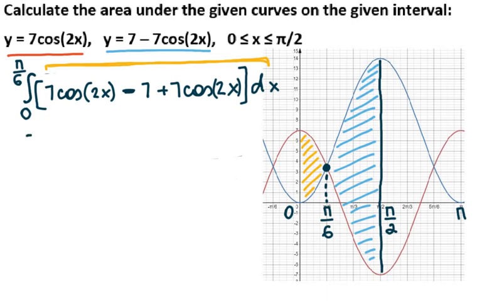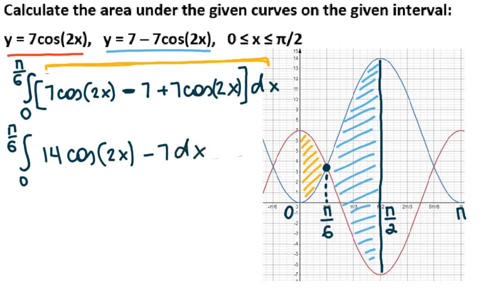I can collect like terms, so I'm going to have the integral from 0 to pi over 6 of 14 cosine 2x minus 7 dx.